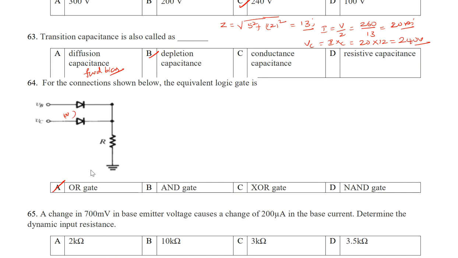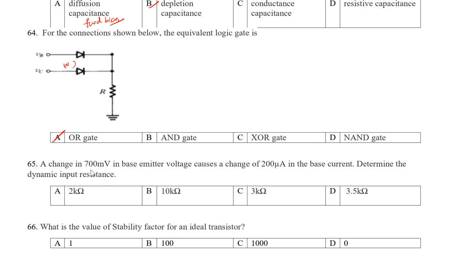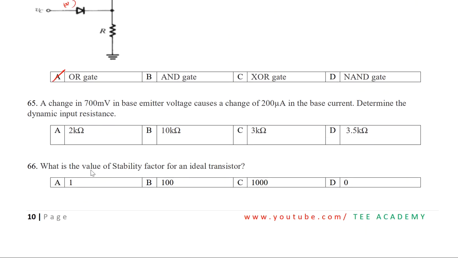Next one, 65th question. A change of 700 millivolts in base-emitter voltage causes a change of 200 microamperes in the base current. Determine the dynamic input resistance.